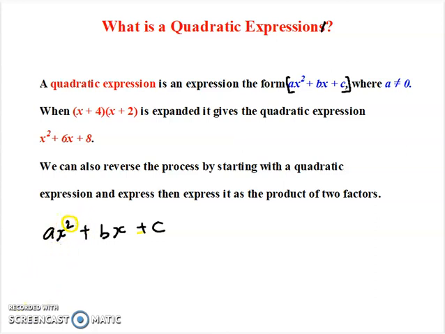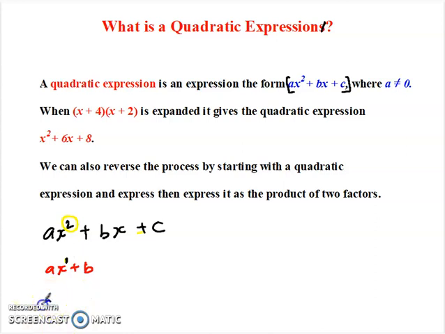If it's a case where you had something like ax plus b, right? This x has a degree of 1. So this would not be a quadratic expression. Has a degree of 1, that's more like a linear expression.